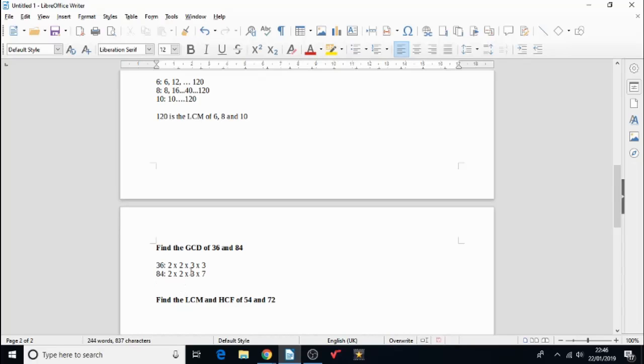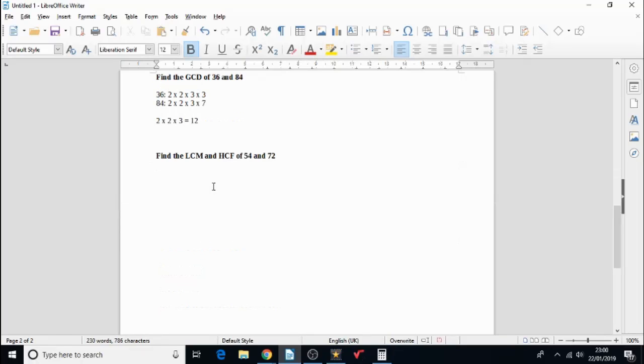So therefore, to find the greatest common divisor, you're going to do 2 multiplied by 2 multiplied by 3. And your greatest common divisor is 12.